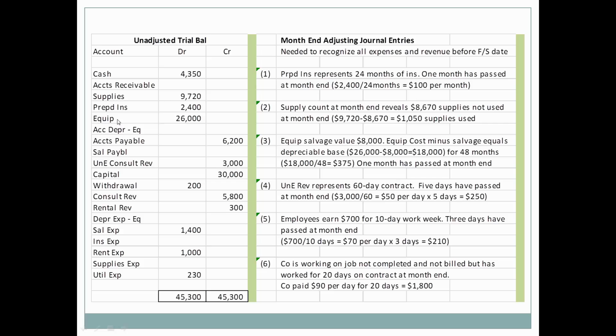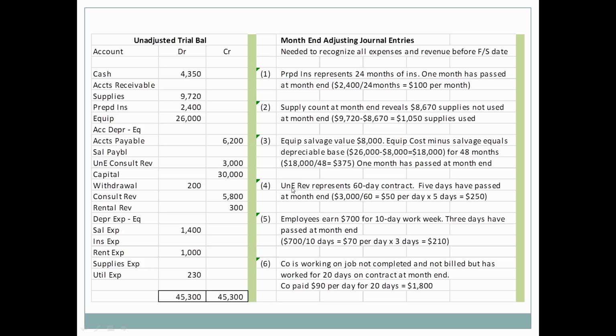And we will see that on the balance sheet, accumulated depreciation will be associated with equipment, and it will show the net value, which will be the equipment cost minus the accumulated depreciation that accumulates throughout the years, and this will be the net value of the equipment. We are not going to credit the equipment for any changes in depreciation. Instead, we're going to use the contra asset account accumulated depreciation.